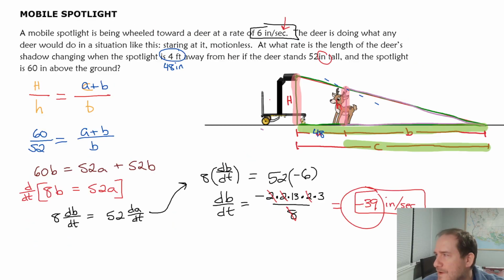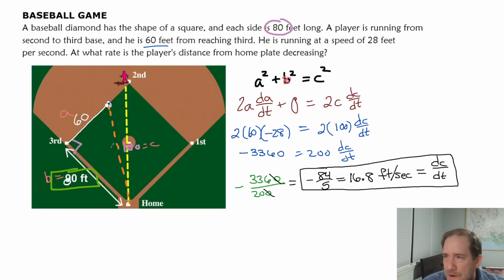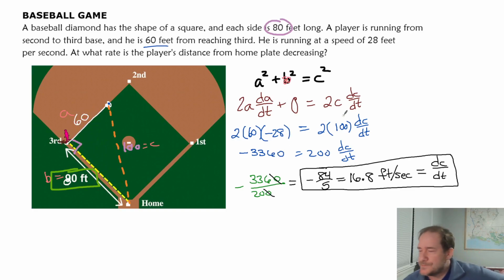And we've seen everything else. What else did we just see? We saw a couple different right triangle problems. We saw one where the hypotenuse was constant, because we're talking about the ladder, so dc/dt was 0. We saw one where one of the legs of the right triangle was held constant. So in this case, db/dt was 0.